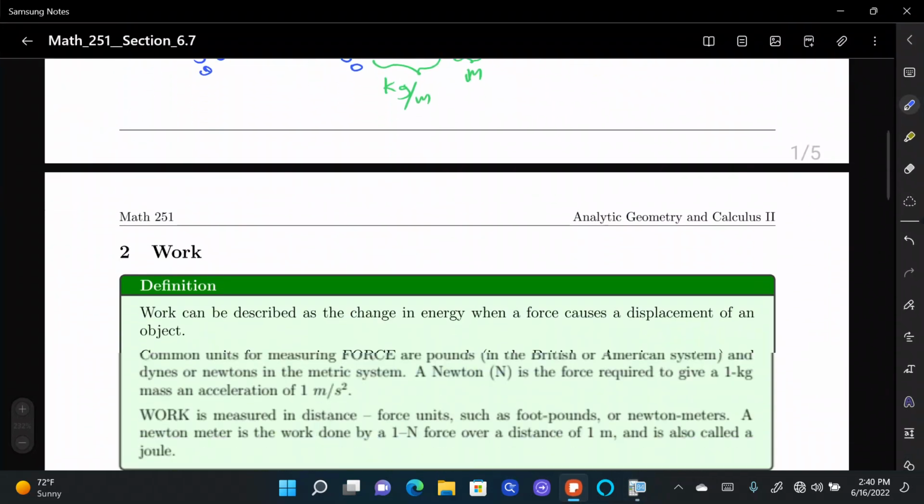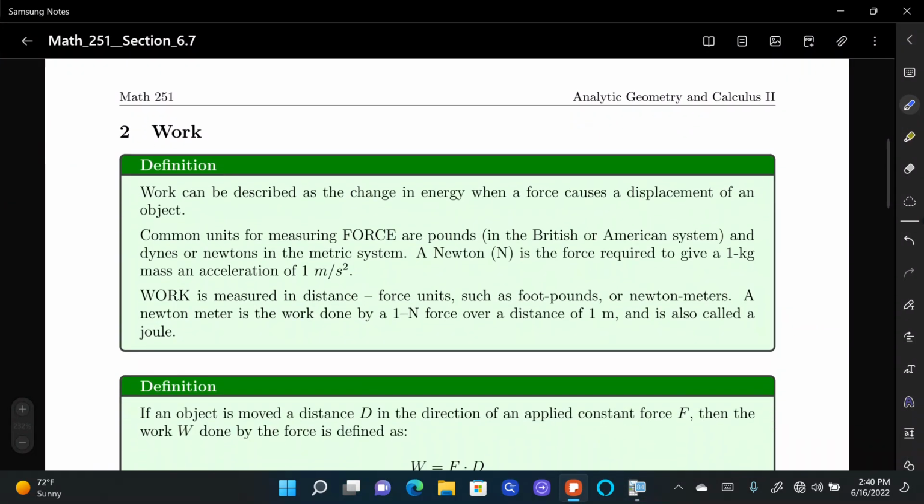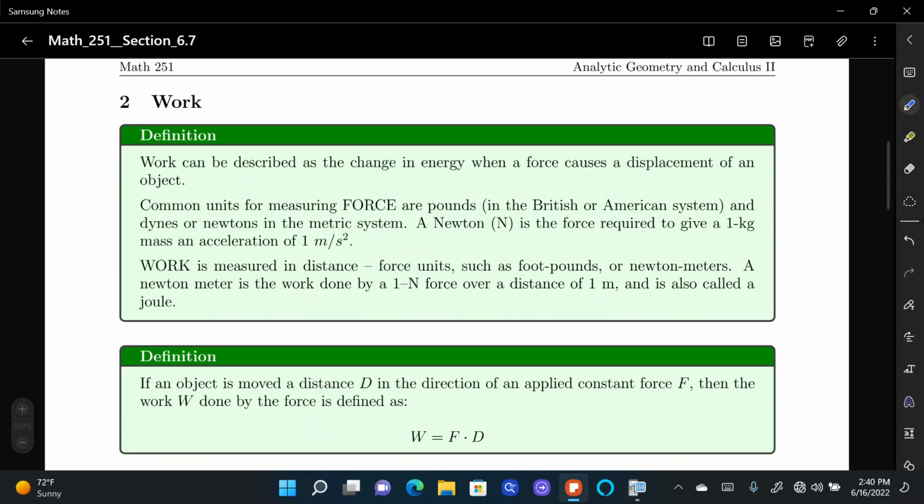All right, another application, work. Work is described by the change in energy when a force causes a displacement of an object. When you push a table, when you push a box, it's how much force you are applying on a given amount of mass.